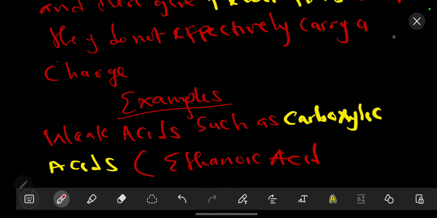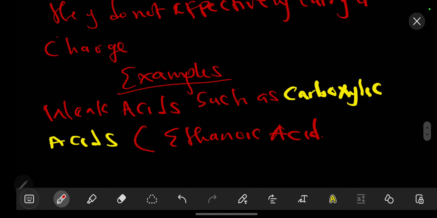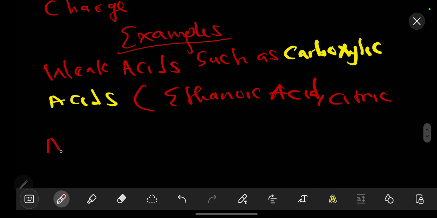Yes, these dissolve, but they do not effectively dissociate fully into their ions. We also have another acid which we call citric acid. Citric acid is the acid that is found in lemons and oranges. That is a weak acid which does not fully ionize in water.